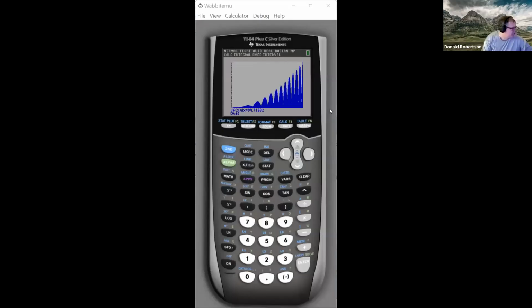There. Can you see the answer happens to be 34.71632. You see it in very small writing down there.